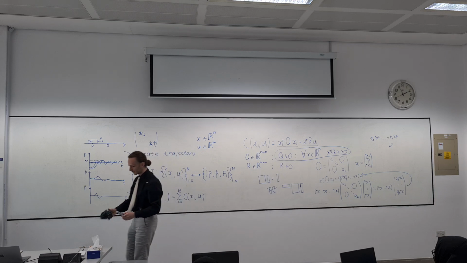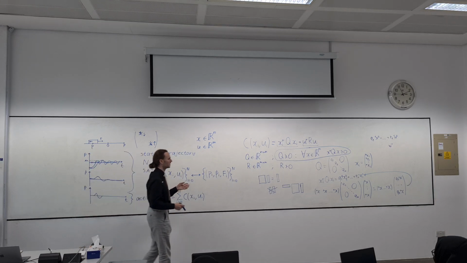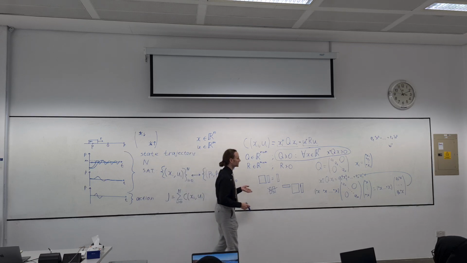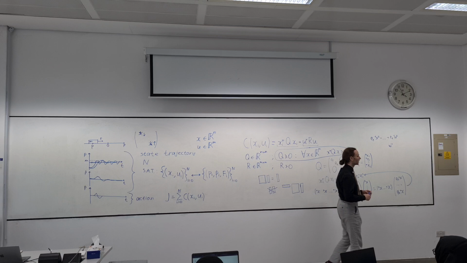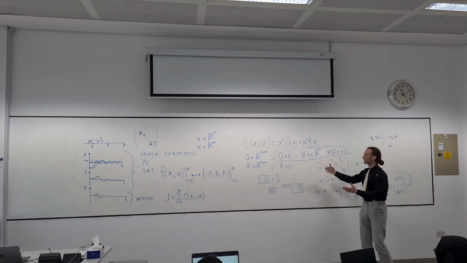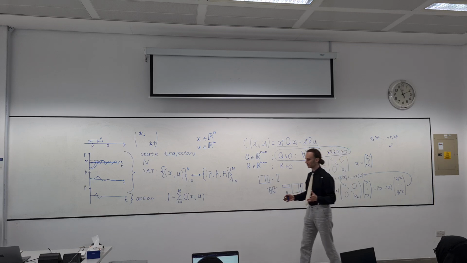And if you check the code, the matrices Q and R are probably identity matrices, because here we don't have any specific considerations about minimizing this and that. We're just trying things out.